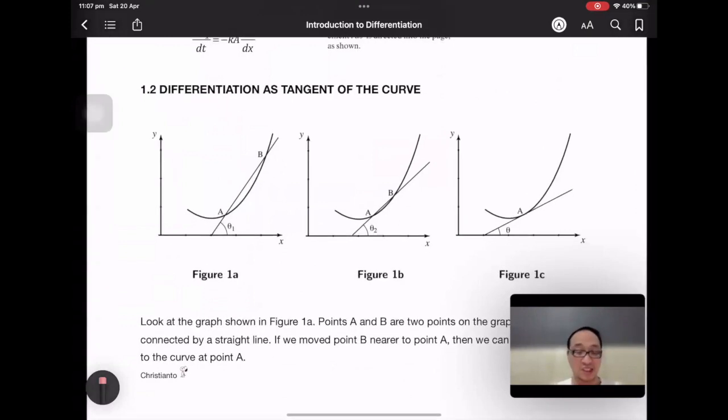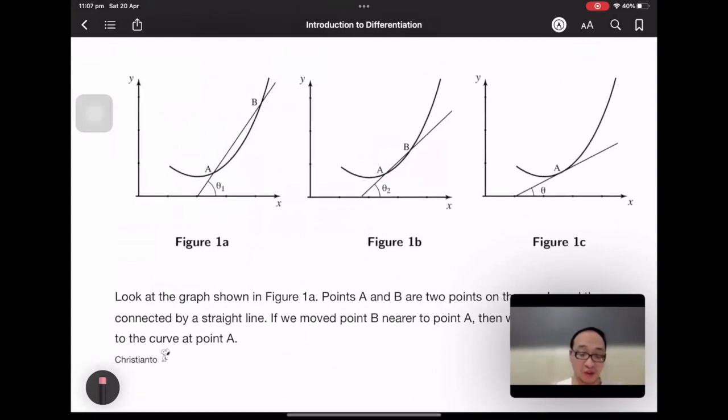So if I have two coordinates, I can draw a straight line.